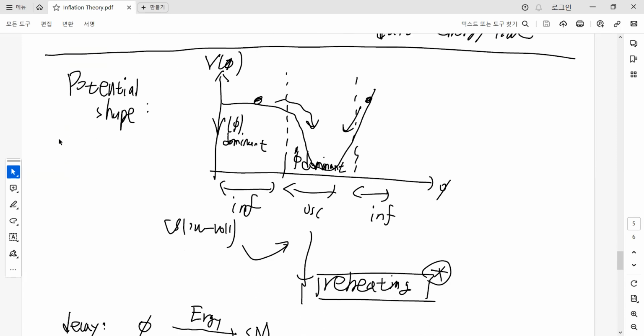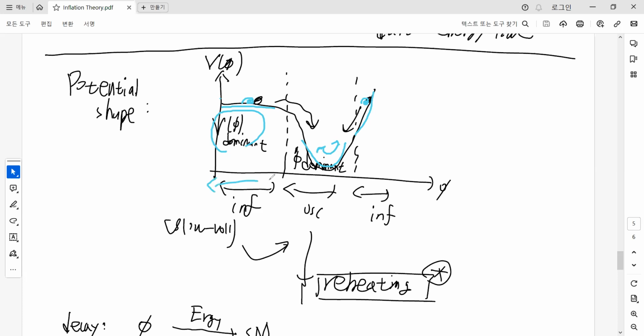The famous potential shape for the inflaton is this one. In this region the potential terms are dominant, and also in this region the potential terms are dominant. So the inflaton has a slow roll process, and in this region the kinetic term, phi dot, is dominant, so phi starts oscillating.